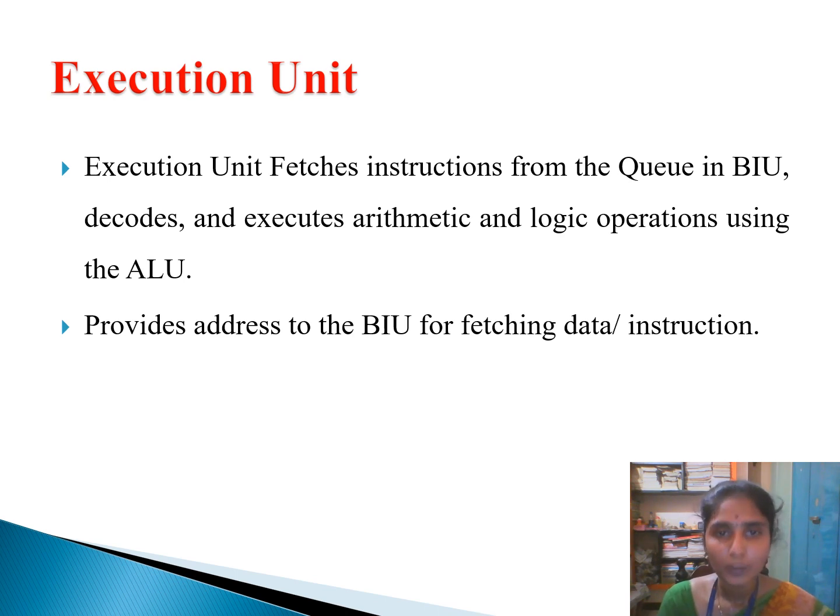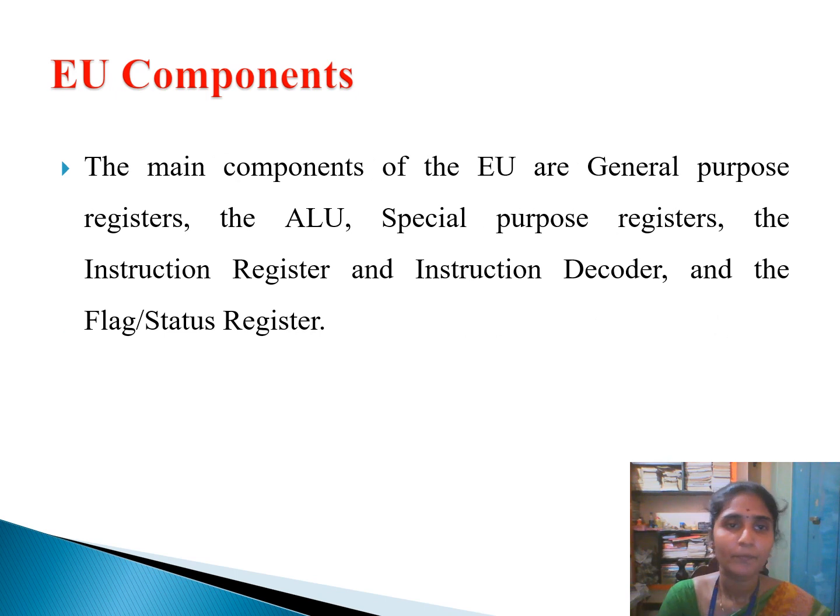The execution unit fetches the instruction from the queue in the bus interface unit, decodes the instruction and executes it using the arithmetic and logic operations in the ALU. It provides addresses to the bus interface unit for fetching data or instructions. So these are the components of the execution unit.